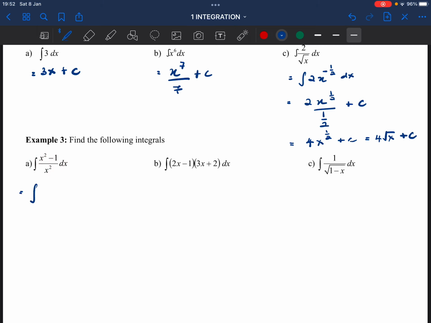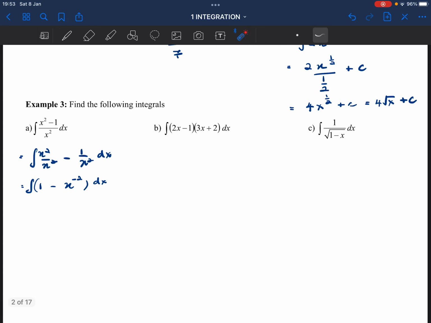Simplify first. So x square over x square gives 1, minus 1 over x square, which means x to the negative 2, dx. Please pay attention, we haven't integrated yet.